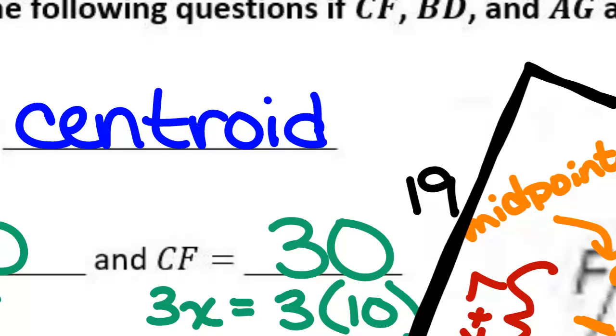Is AF, this right here, the same size as AB? No. AF and AB are not the same size, so I'm not going to set them equal.